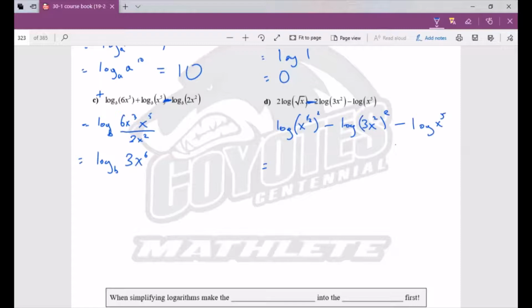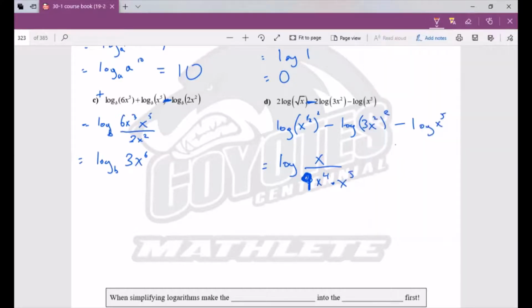They're all the same base, base 10. And so we can write this as logarithm of x to the 1/2 squared, which is just x. We are subtracting this second term, so this is 9x to the 4, and then x to the 5 also downstairs because they're subtracting.